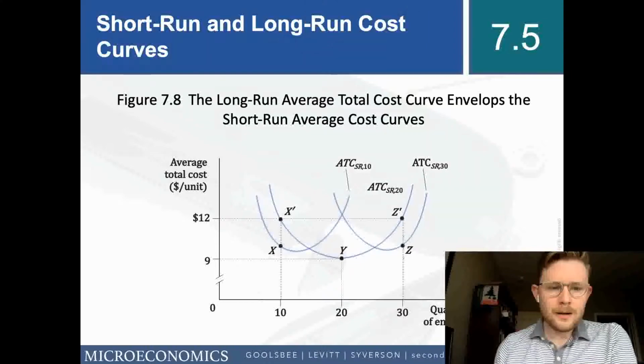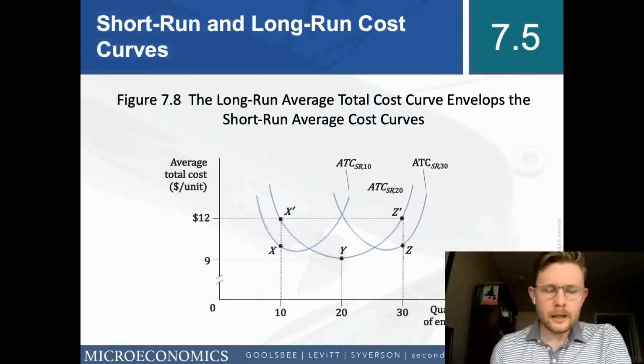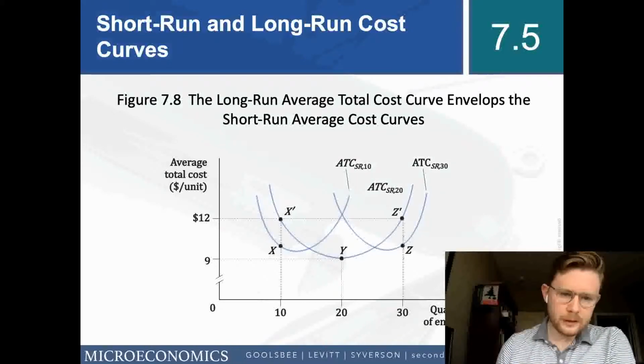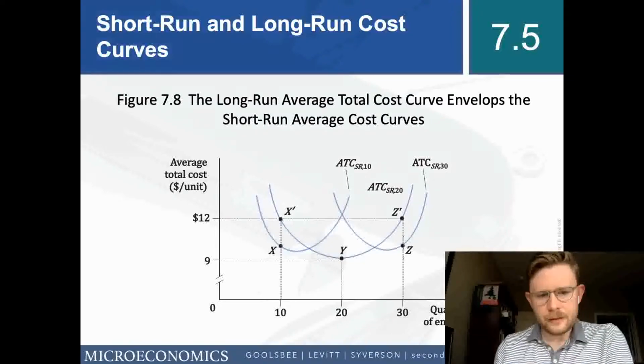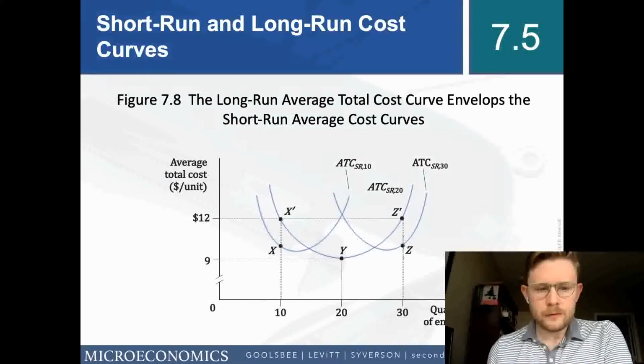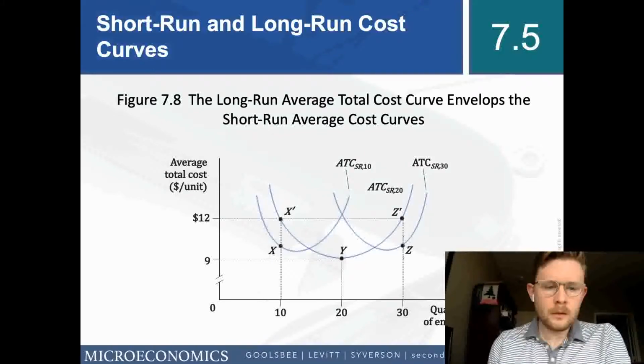These are higher on the total cost curves than their equivalents X and Z. That's because it's not the most efficient use of capital and labor.